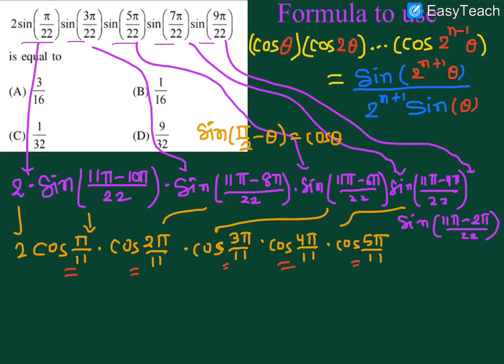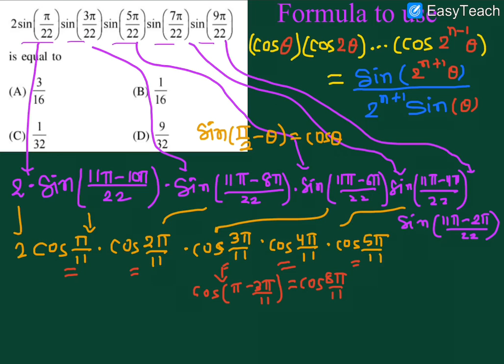So if you look at carefully this particular term, this term can be written as cos of pi minus 3 pi by 11, which will convert to cos 8 pi by 11.